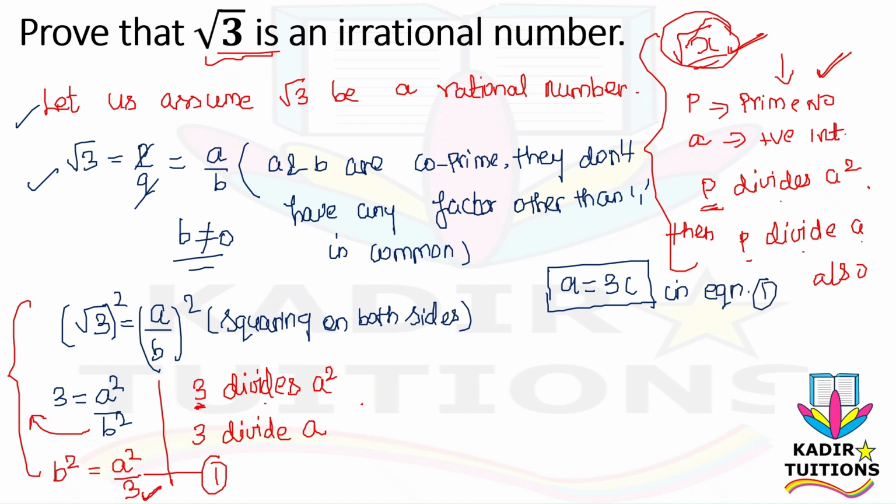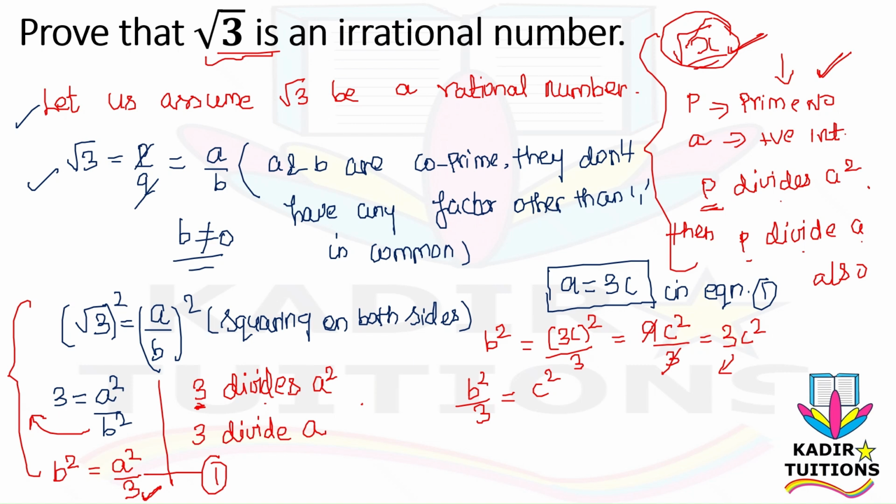So over here it is b square, and instead of a we substitute 3c, but it is a square, so put the square, divided by 3. If you solve, you get 9c square by 3. Again 9 and 3 get cancelled, which gives 3c square. So we got b square equal to 3c square. Can I move this 3 to the LHS? Then we get b square by 3 equal to c square.